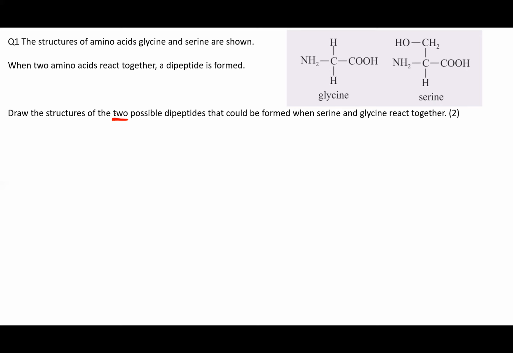So the one I'm going to draw first is going to be this one with serine at the front. I'm going to have H2N, my carbon here. I'm going to have CH2 and my OH here. As you can see, that's my serine that I'm starting to draw here. Hydrogen here. Carbon. Double bond to my oxygen, and we're going to get rid of that OH group off.